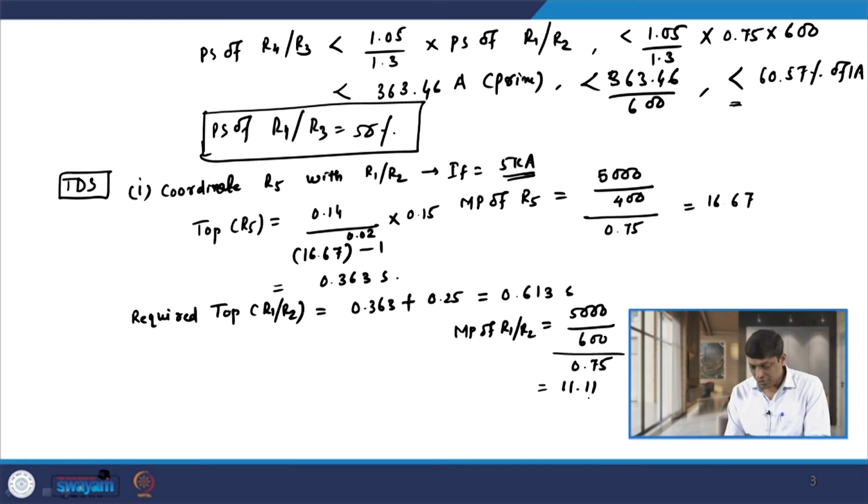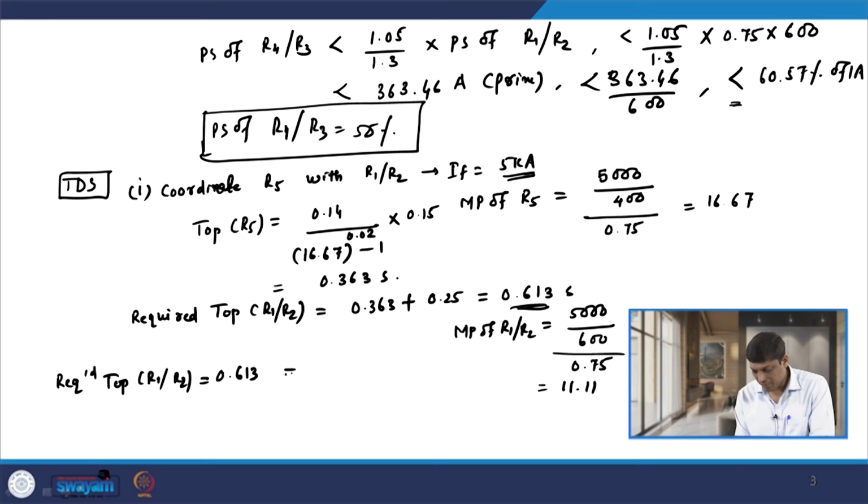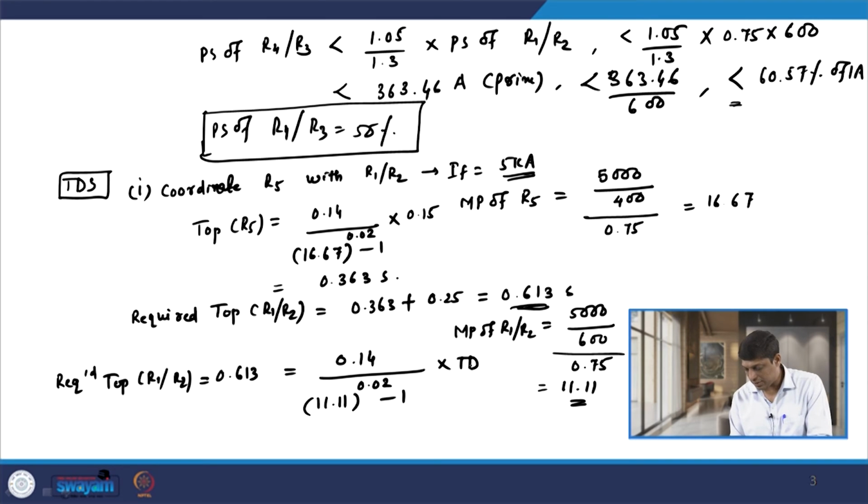So, if I use this value here, then we have the required time of operation of R1 oblique R2, that is equal to, we have calculated 0.613 second, that is equal to 0.14 divided by MP, that is 11.11 raised to 0.02 minus 1 into TDS. So, if you solve this, you have the value of TDS, that comes out to be 0.216.